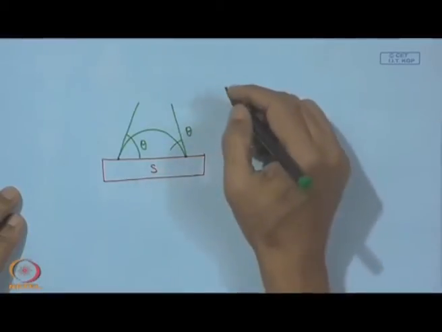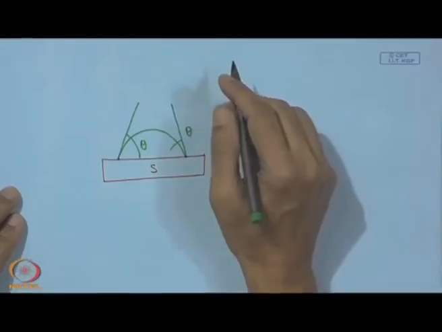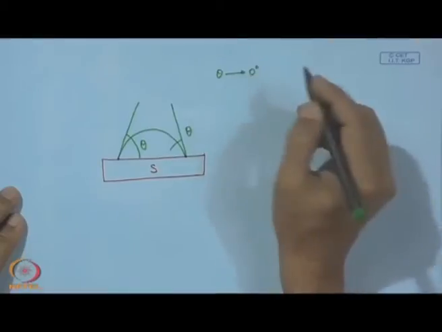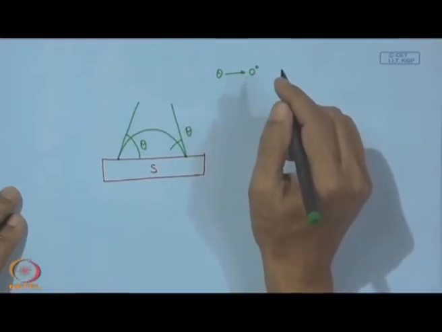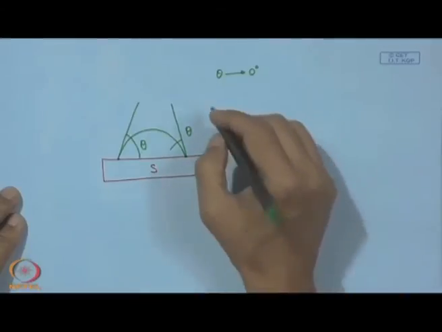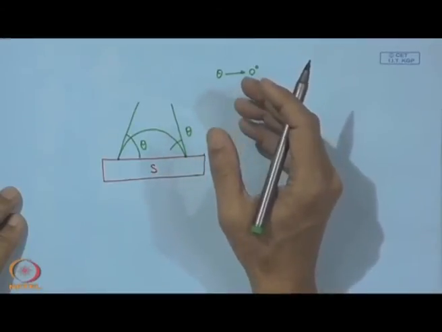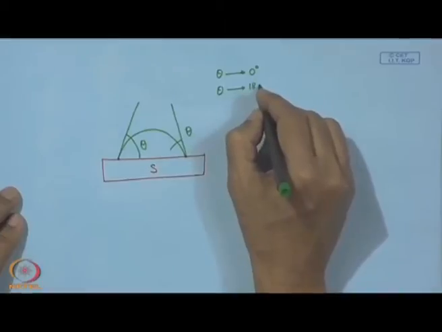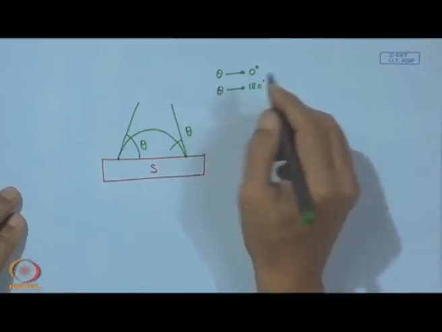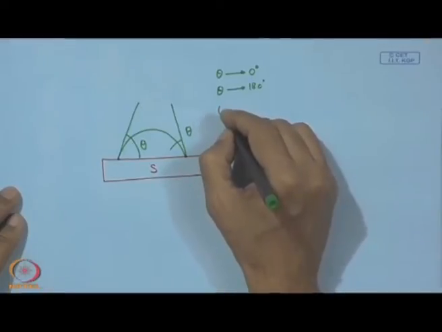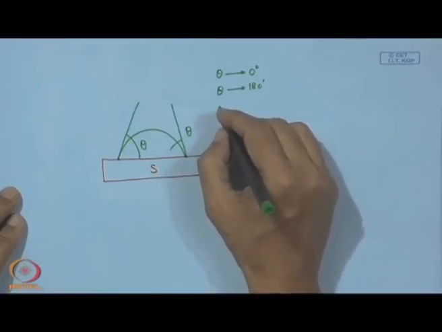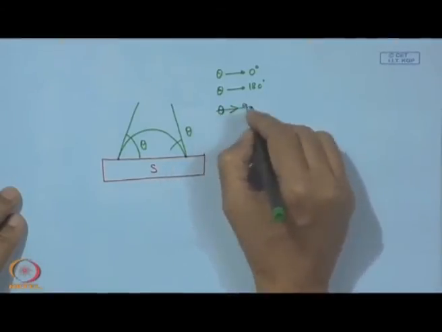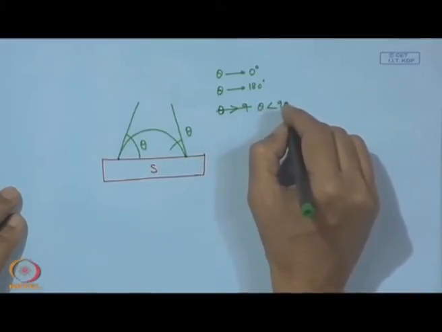So, when we see that it is spontaneous spreading, then theta is almost equal to 0, it is approaching 0, and when it is like a sphere, that means like a ball resting on a solid surface, it is approaching 180 degrees, and when it is favorable wetting, then this theta is less than 90 degrees.